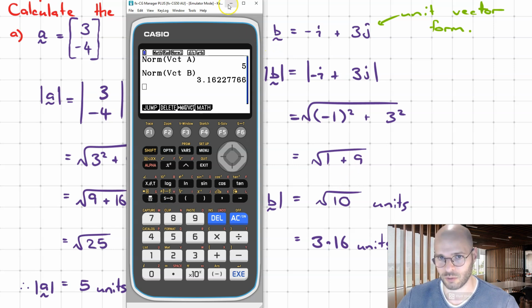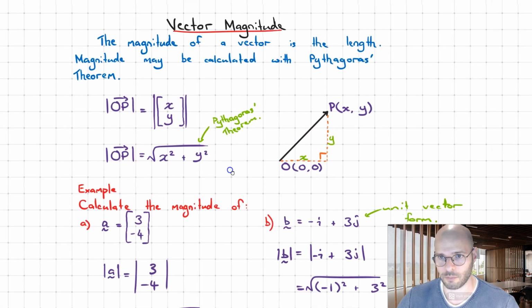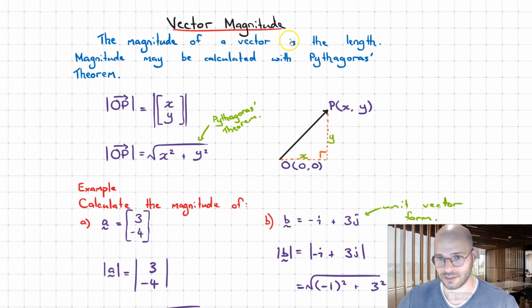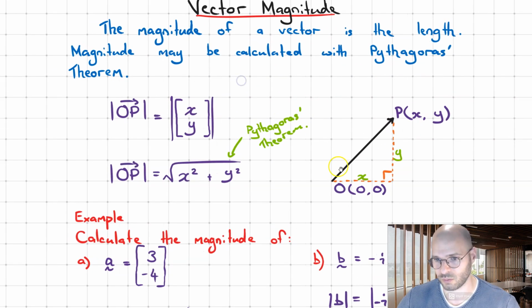So in summary, what we had a look at in this video was, firstly, what is the magnitude of a vector? That being simply its length. We then had a look at where the theorem comes from. For finding this, we simply discovered that it's just Pythagoras' theorem repackaged in a different area of mathematics. We use it because the x and y are opposed at 90 degrees, so it forms a triangle.